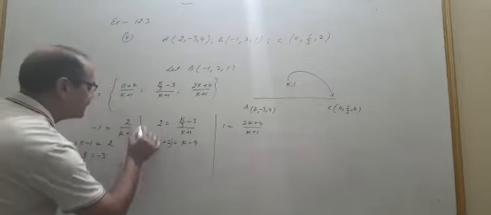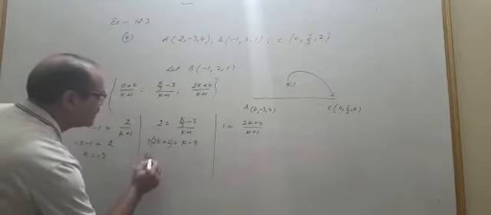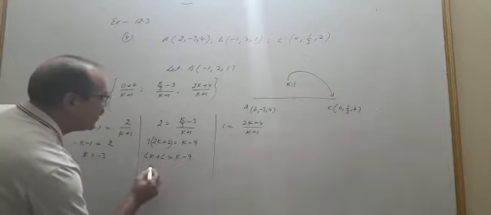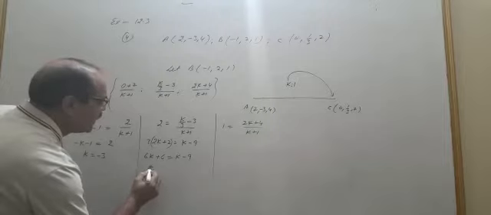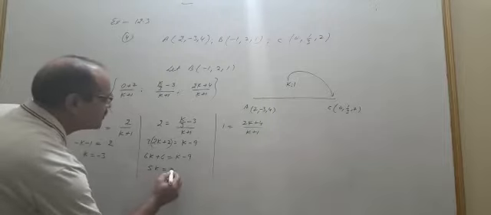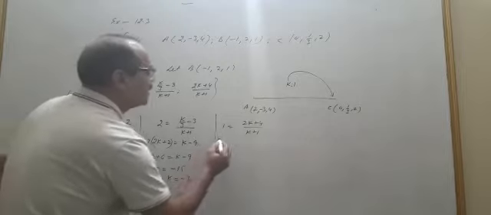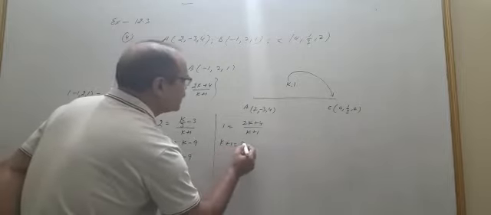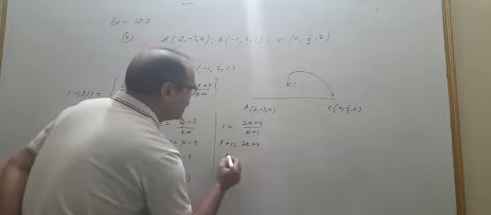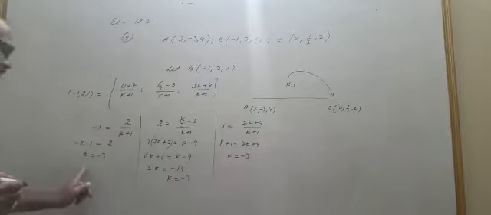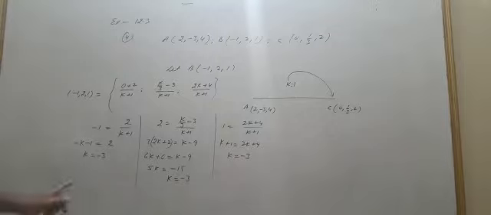That implies 6K plus 6 is equal to K minus 9, or 5K becomes -15. That implies K is again -3. From the third, K plus 1 is equal to 2K plus 4. Therefore K is again -3. You see, all the values of K in all the cases are equal, therefore they are collinear.